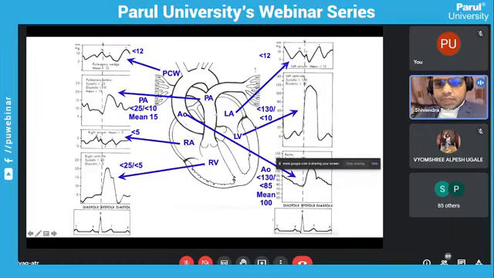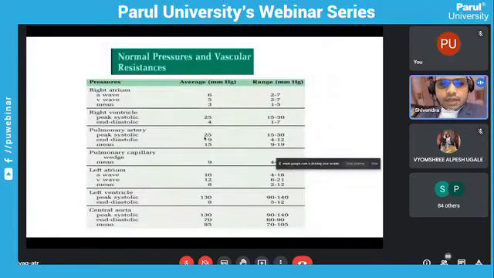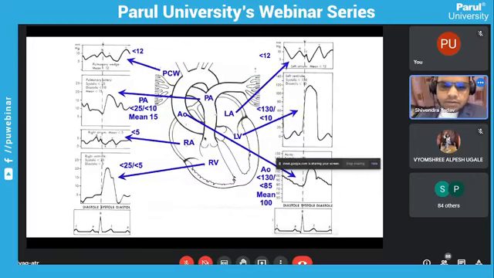Whereas if you see the left atrium, the left ventricle and the aortic pressure, they are at a higher scale. Then there is a connection between these pressures in the cardiac chambers. Now, what is that connection?